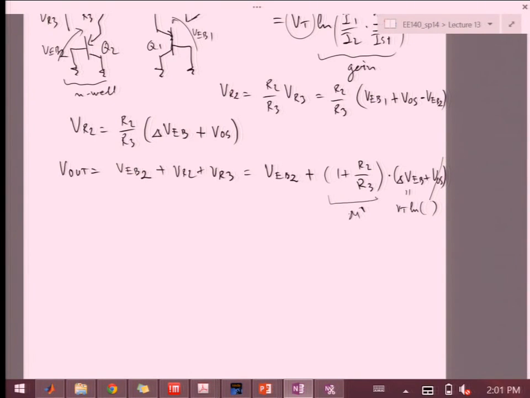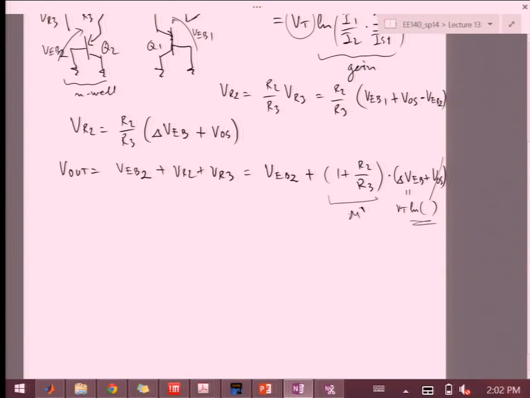So what we want to do here is we don't want to multiply the offset too much because that introduces the error. So when we trim these resistors to get the zero slope, if the offset was already there, we're a little bit off, right? So what we want to have is something where ideally we don't multiply the offset voltage with anything, but we just multiply the VT, right?